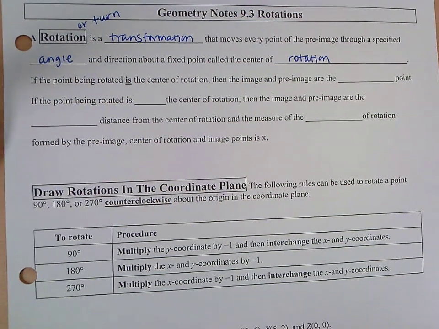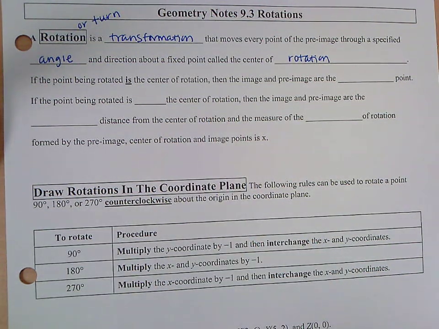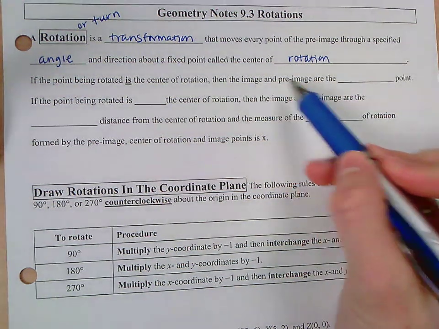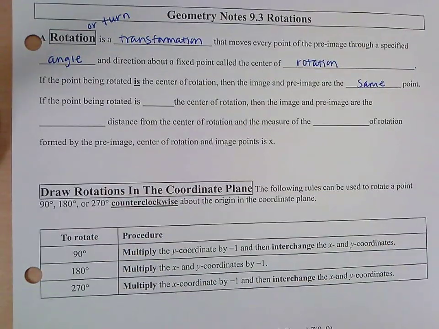If the point being rotated is the center of rotation, which sometimes you might have a figure where it's being rotated, say, about the origin and one of your points is on the origin, then the image and pre-image are the same point. So in that case, that specific point will not move.